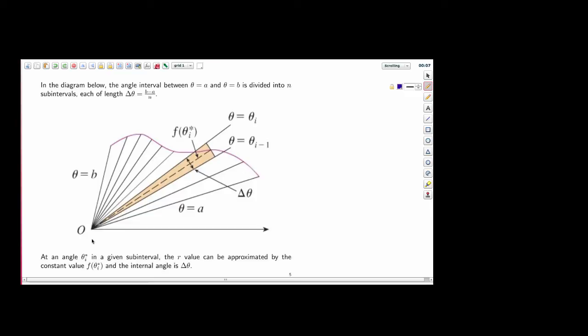Just like before, I'm going to let theta sub i star be an angle in the ith subinterval. In this highlighted wedge, the area is 1/2, r is f of theta sub i star, so r squared, and then the angle, where before the base was delta x, is now delta theta.